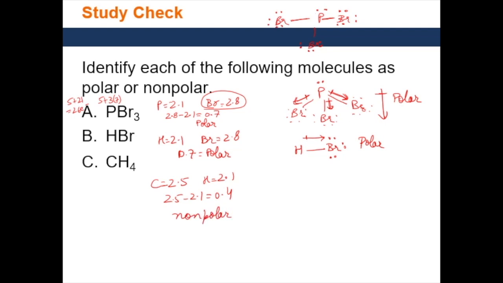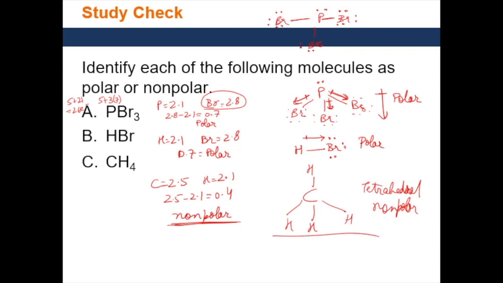If you draw the Lewis structure of CH4, it would look something like this, which means the shape of this molecule is going to be tetrahedral. And since each of the bonds is non-polar, the molecule will be non-polar. You don't even have to draw its Lewis structure or come up with the shape, because if the bond is non-polar, the molecule is non-polar.